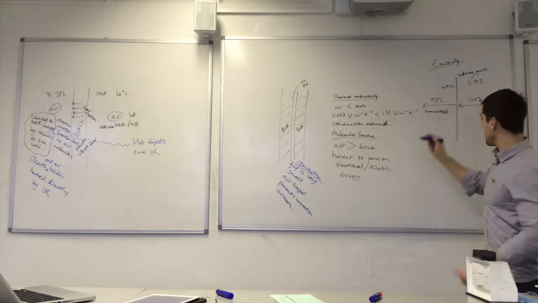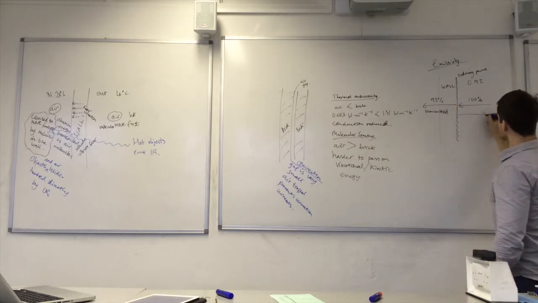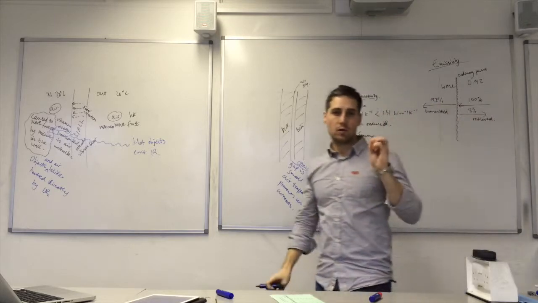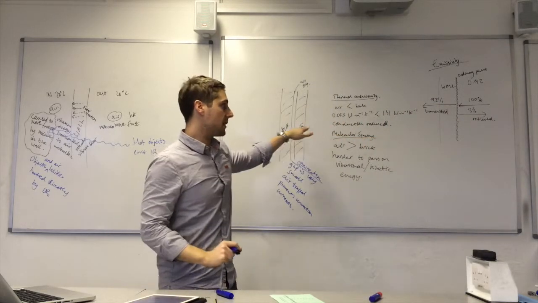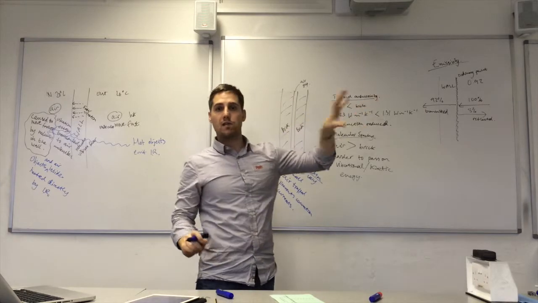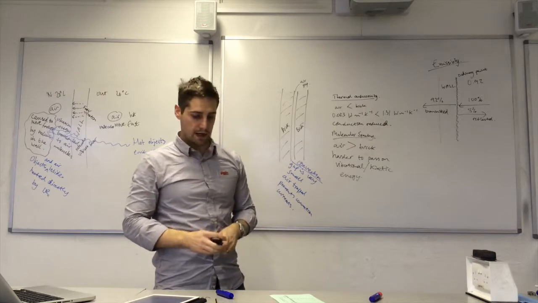What happens to the remaining 8%? 100 minus 92 is 8. That's reflected. So a very small amount of the incoming infrared radiation is reflected, most of it goes through. So ordinary paint is not very good at preventing heat transfer by radiation.